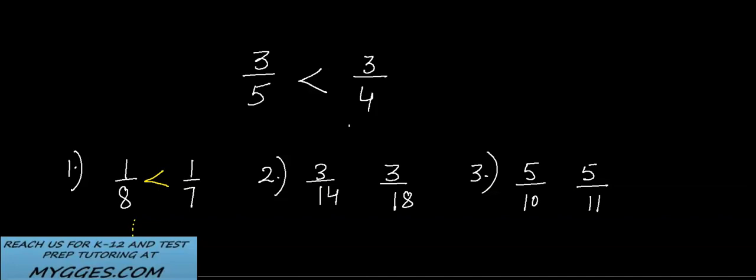Since 14 is smaller than 18, that means 3/14 is greater than 3/18. Now in the last one, since we have 10 as the smaller denominator, we can say that the fraction 5/10 is greater than 5/11.